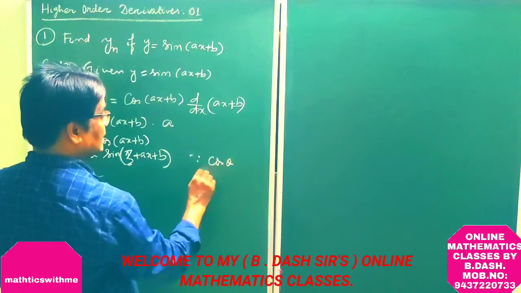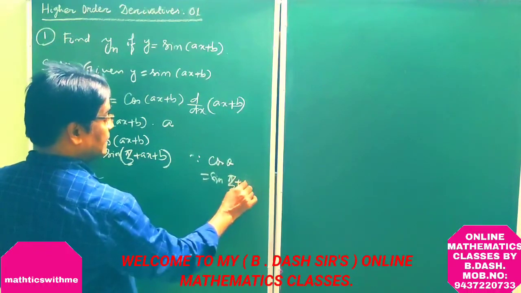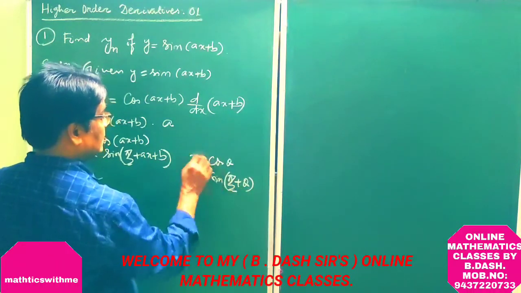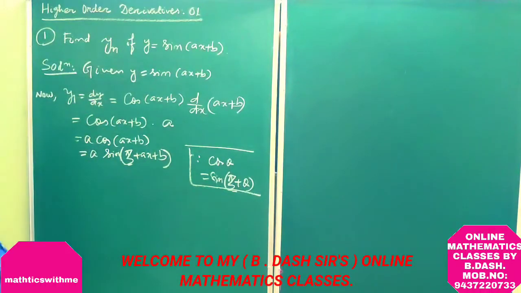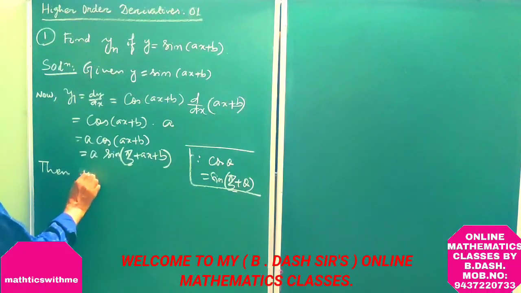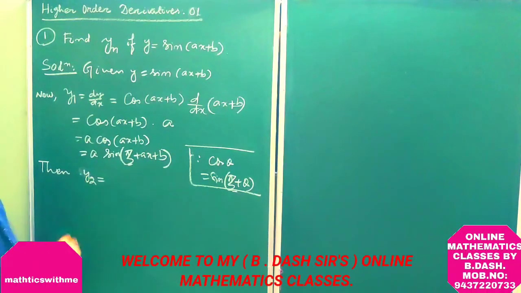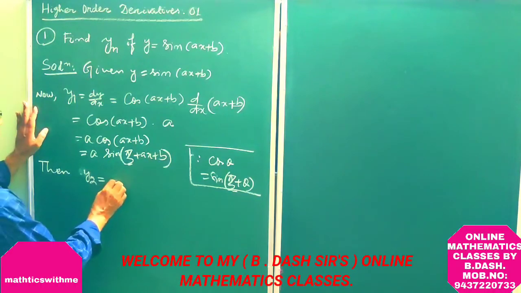since cos theta is equal to sine of 90 plus theta. So we get the value of our y1. Then y2 is equal to the derivative of this expression.